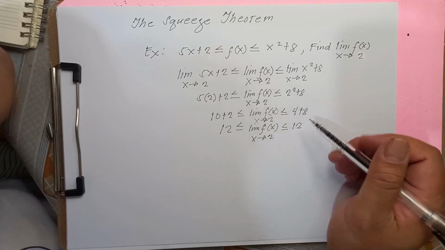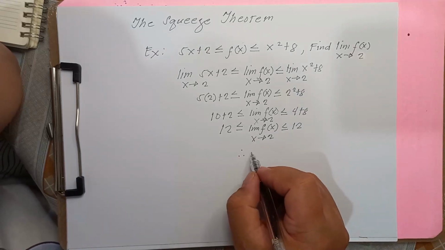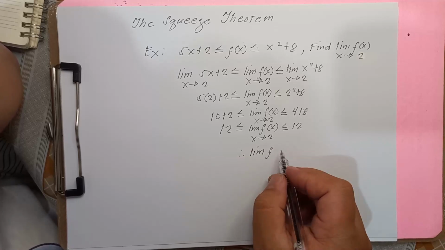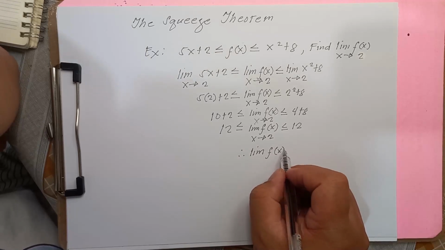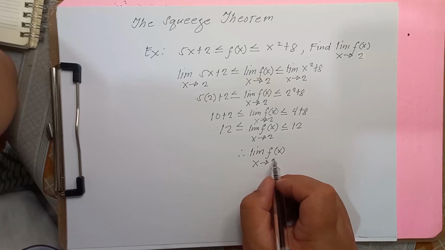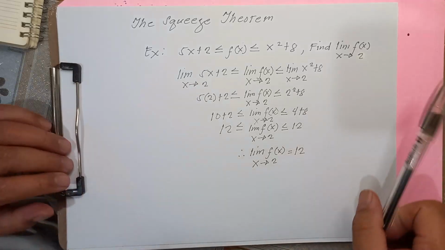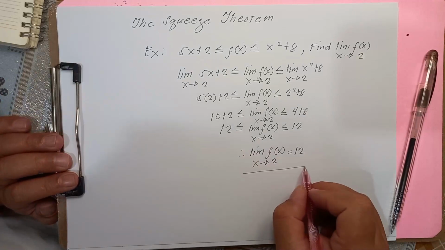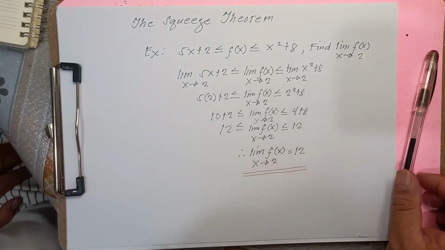They are equal, and so we can now conclude that the limit of f of x as x is approaching 2 is 12. That is the squeeze theorem. I hope you understand the problem. Thank you.